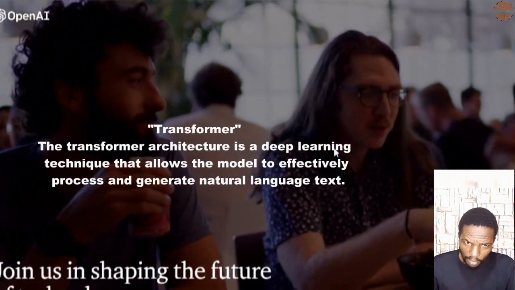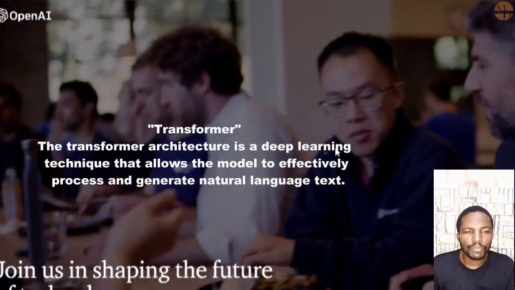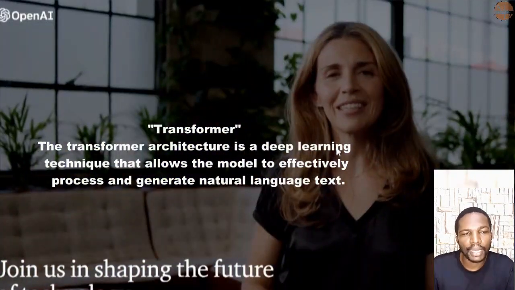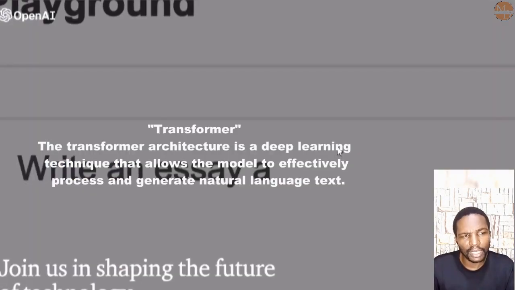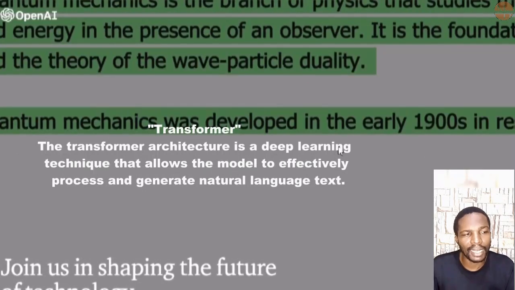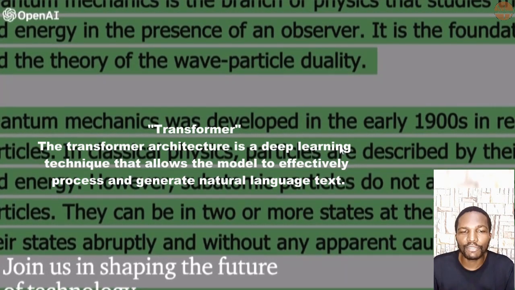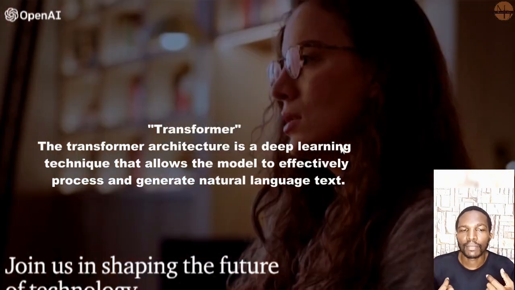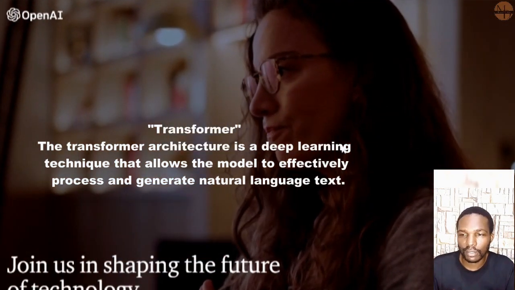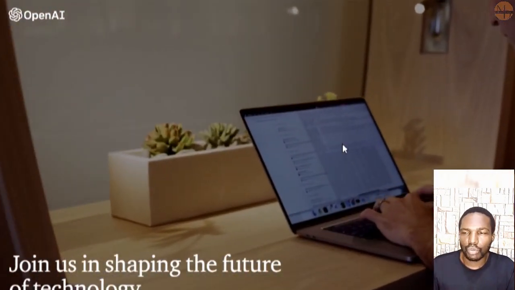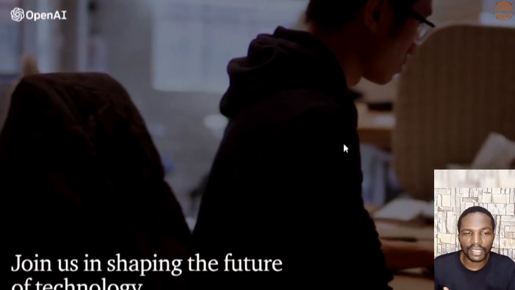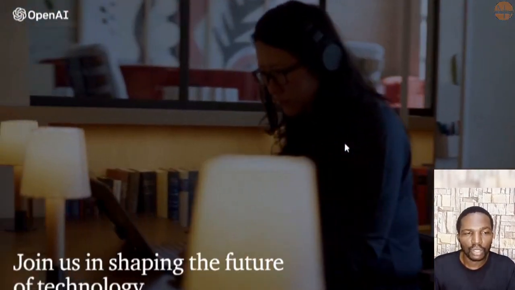Then, the transformer refers to the specific architecture used by the model. The transformer architecture is a deep learning technique that allows the model to effectively process and generate natural language text. So ChatGPT is capable of generating human-like responses.